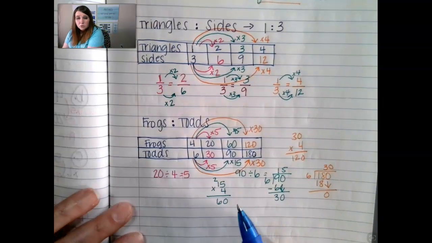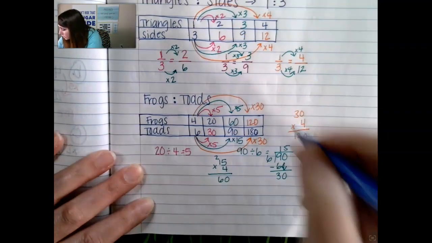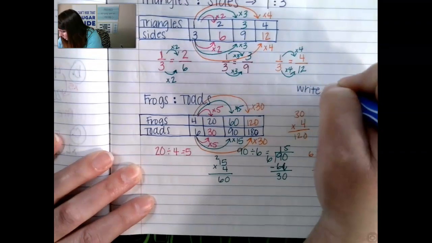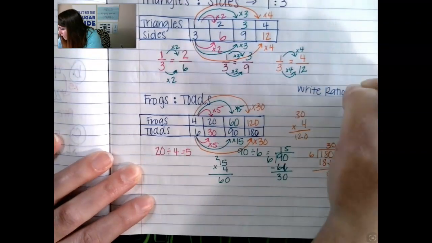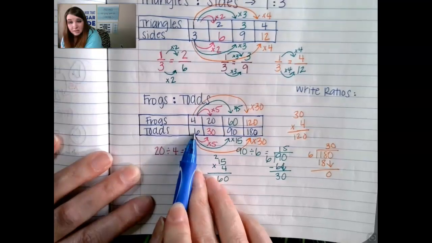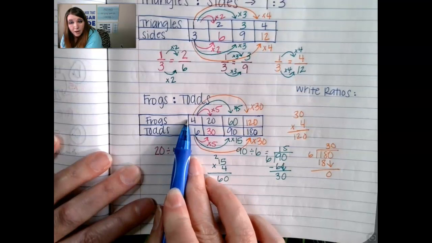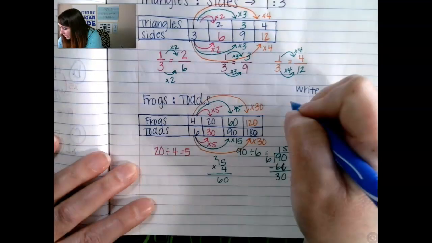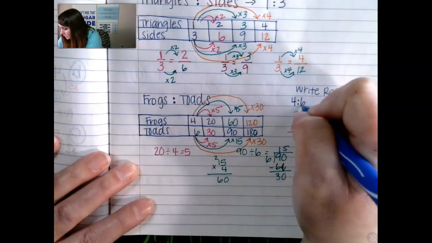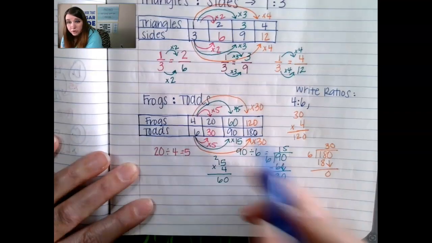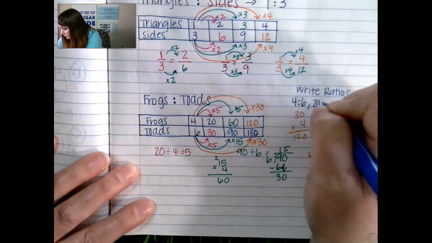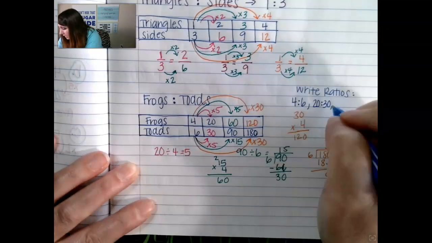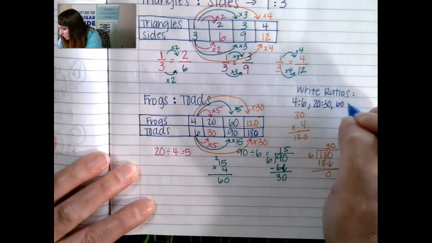So if they asked me to write the ratios, all I would do is take the top and the bottom and turn them into ratios. So 4 over 6 becomes 4 to 6. 20 over 30 becomes 20 to 30. 60 over 90 becomes 60 to 90.